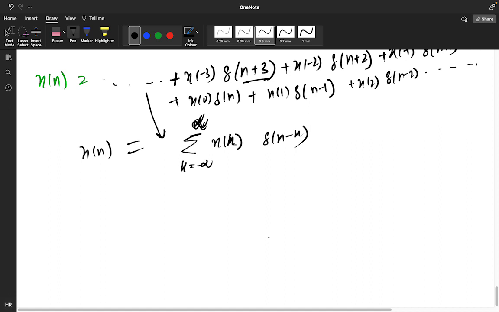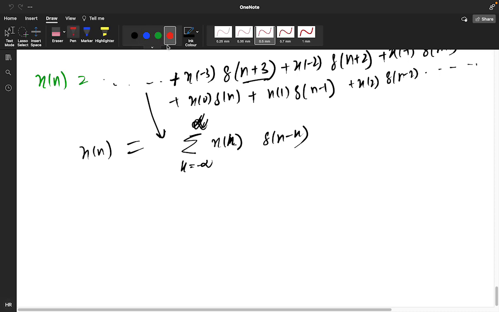Fine. Okay, so this was the concept of LTI system. Now we'll study further, the convolution purpose. Convolution is used for calculation of the output of an LTI system.